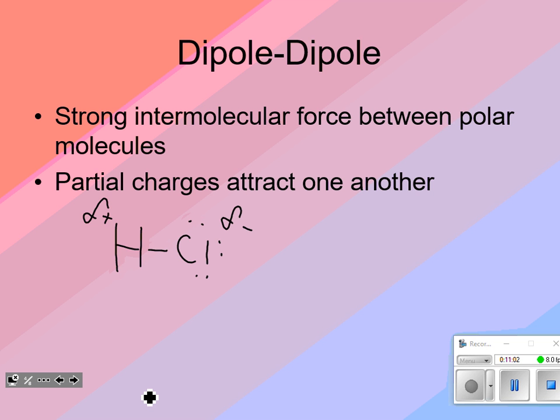A second hydrogen chloride would then be attracted to it. And we typically show a dashed line to show an intermolecular force. It's not as strong as a polar covalent bond, the line between H and Cl.